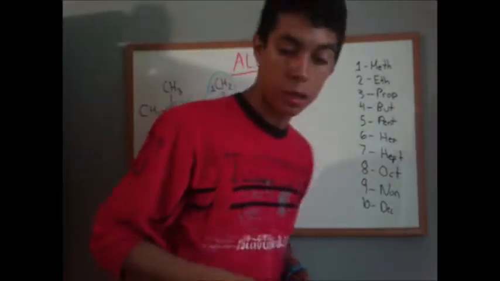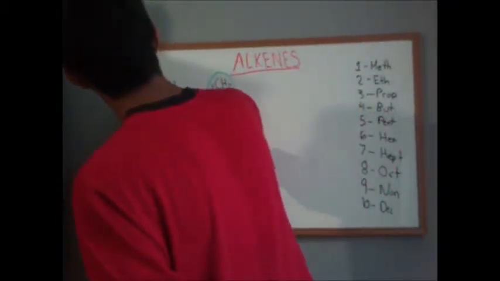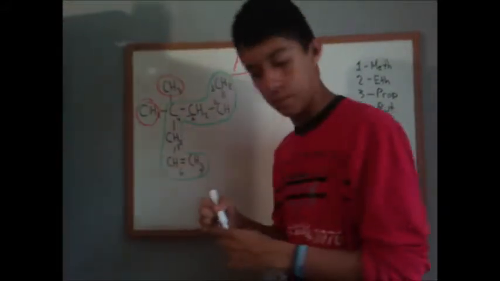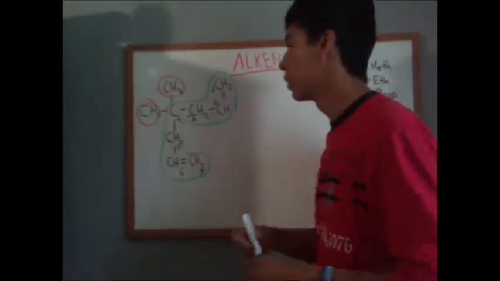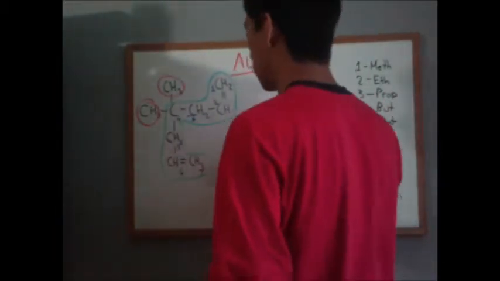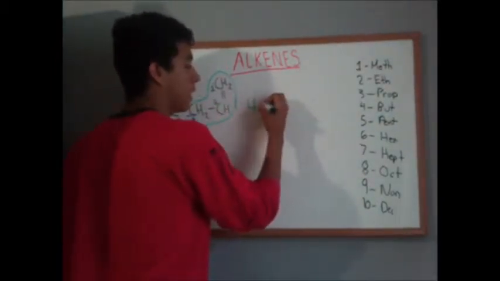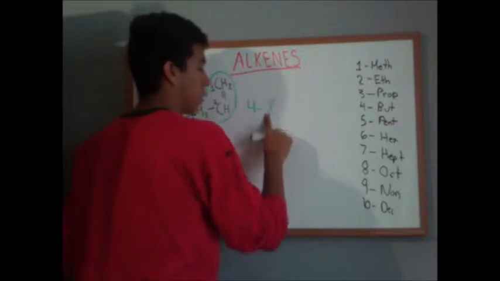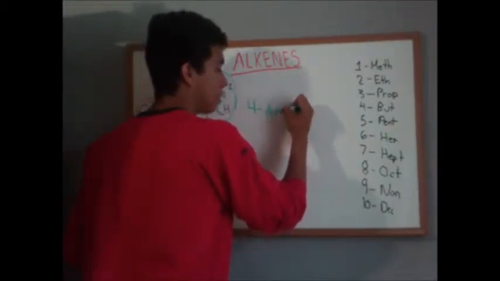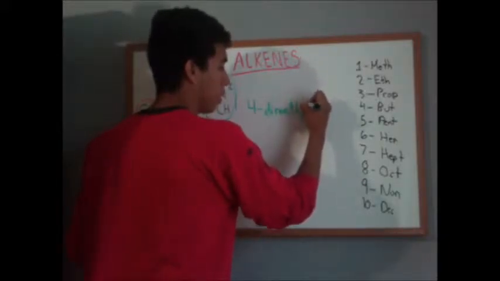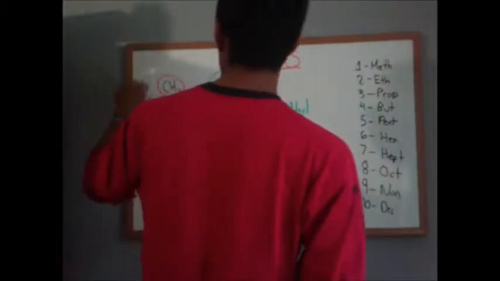Then we're going to identify the substituents. The substituents are 2 carbons. Then identify where the substituents are, and they are on carbon 4. So it's going to be 4,4-dimethyl, because there are 2 and they're on the same carbon.